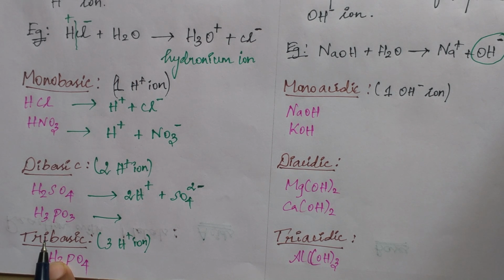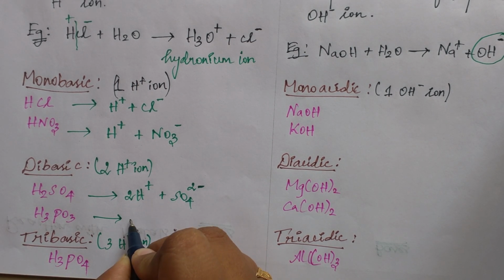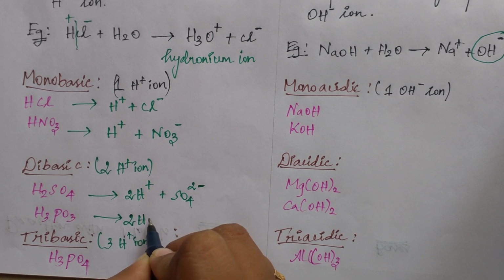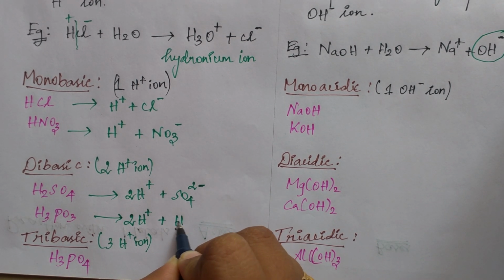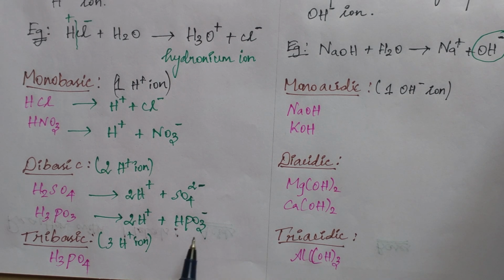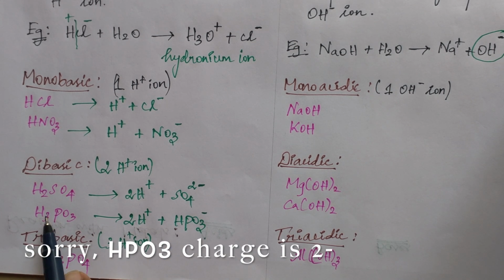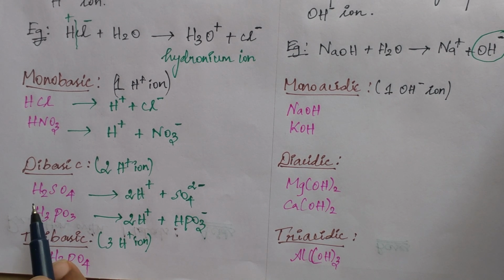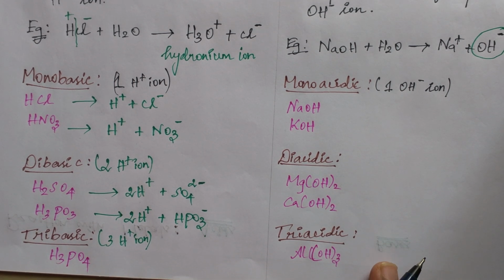When dissolved in water, it gives 2 H plus ions plus HPO3 minus ion, hydrogen phosphite. So here 2 H plus and 1 HPO3 minus. So these are examples for dibasic. Why is it dibasic? When dissolved in water, it gives 2 H plus.